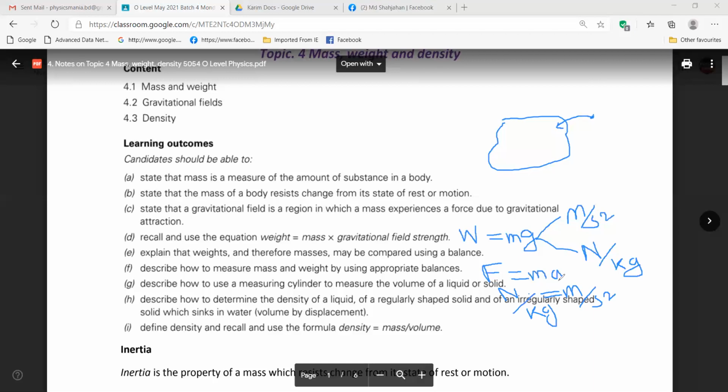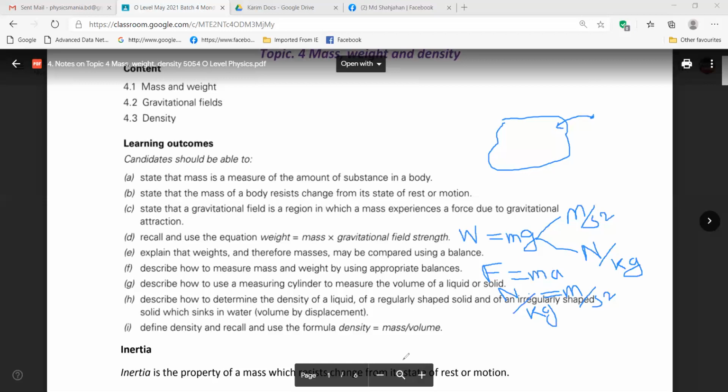Yes, sir. Because a equals F by m. Can you write this? Yes, sir. Then F is measured in Newton and m is measured in kg, so a is measured in meter per second square. So it is clear, right? Yes, sir.